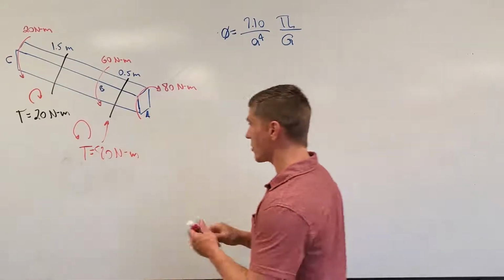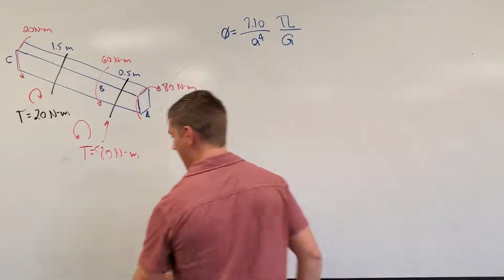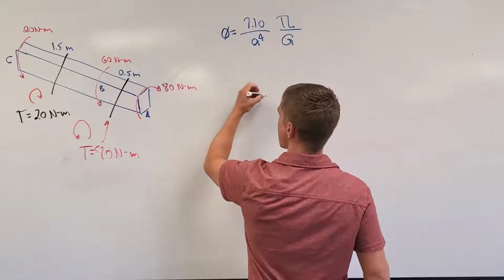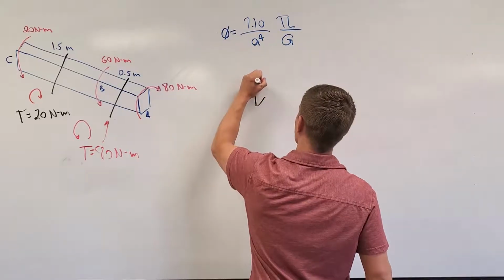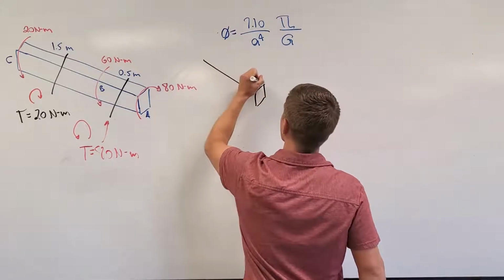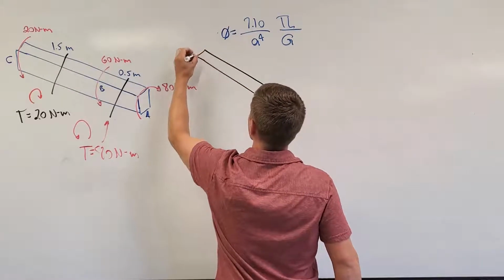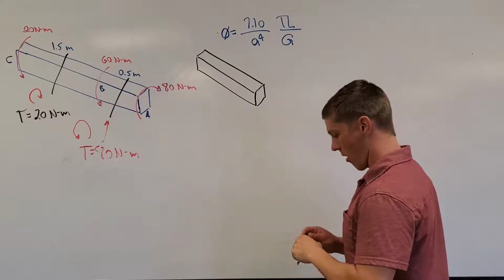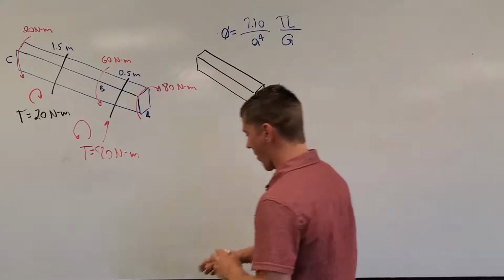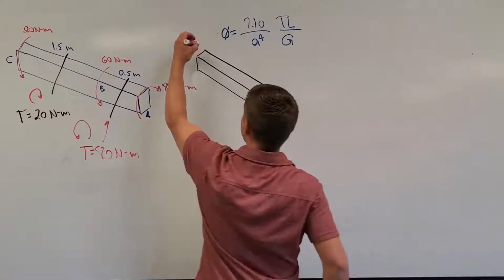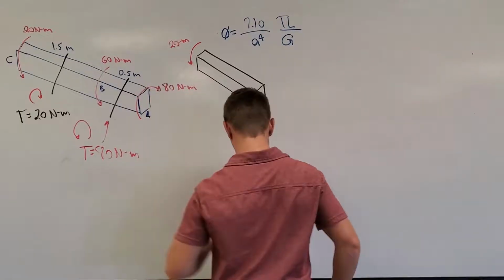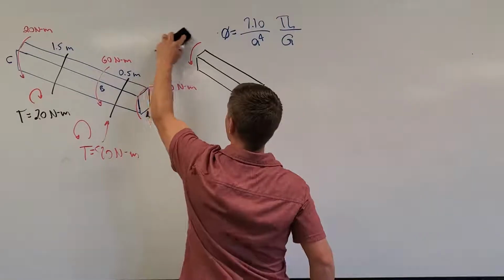So let's do that right now. If I made a cut at B, right? Now we have our 20 Newton meter torque applied to this end.